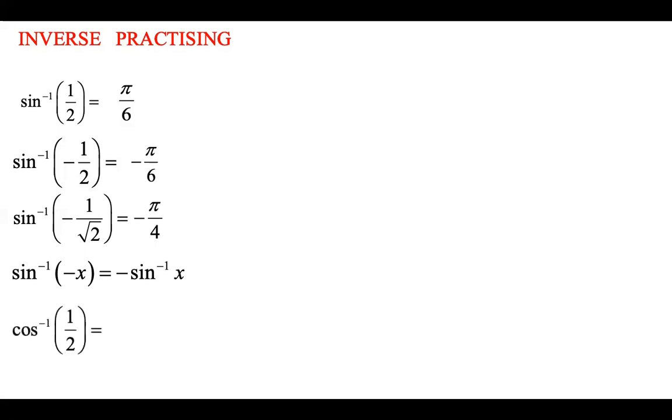Let us see the cos inverse of 1 by 2. Cos inverse of 1 by 2 will be pi by 3. And cos inverse of minus x will work like pi minus cos inverse of x. When we are calculating the cos inverse function on negative values, calculate its value without the negative sign, and that value must be subtracted from pi.